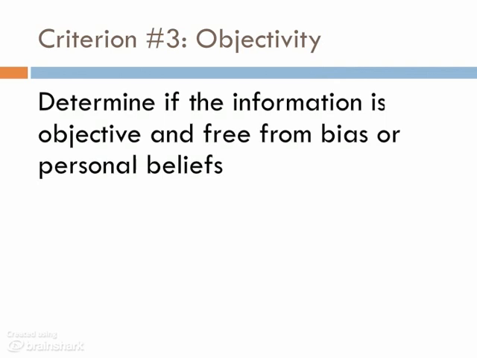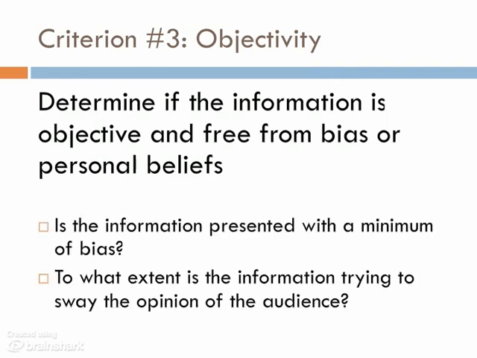You want factual information, and that's what makes it objective rather than subjective, where it's somebody's personal beliefs. Here are some questions that you can answer. Is the information presented with a minimum of bias? So again, is the information being given to you in an opinion sort of way, or is it all factual?